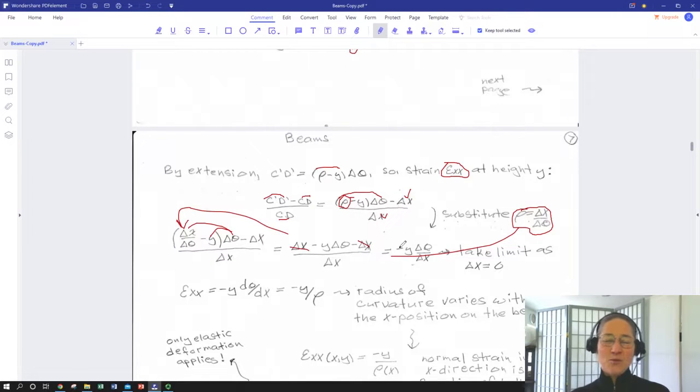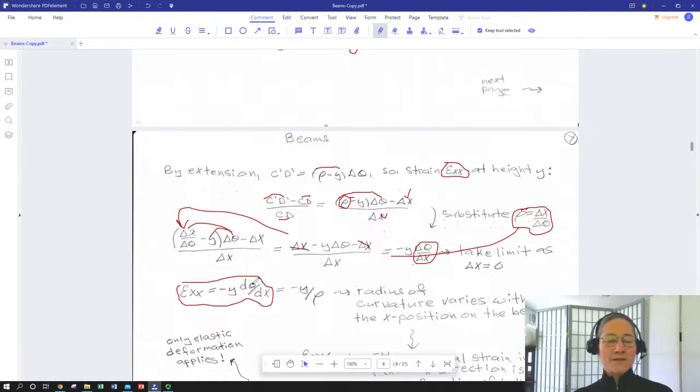So we do some simplification, and we end up with our axial strain in the x direction at a height y above the neutral axis being negative y, the height above the neutral axis, times the change in angle over which we're looking, our flexed angle, divided by delta x, the original length. If we take the limit as delta x goes to 0, we end up with this expression.